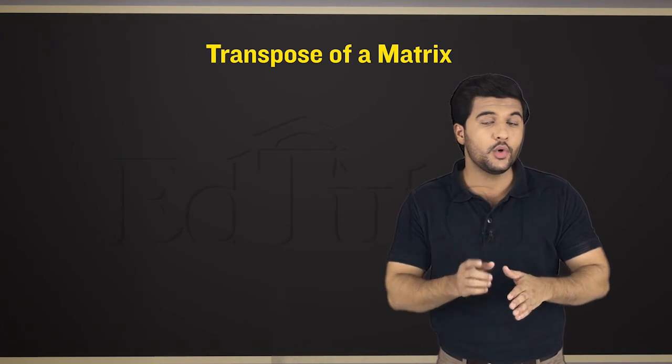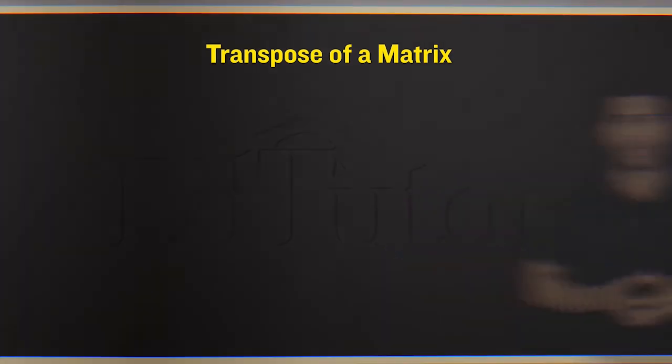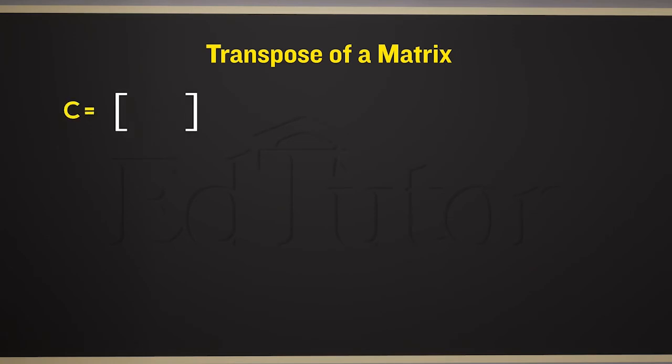Now there's one more way you can figure out the transpose of a matrix. Take this matrix C of order 1 by 2, for instance. Now, instead of interchanging the rows into columns, let's mix it up a little and try interchanging the columns into rows. The first column becomes the first row.